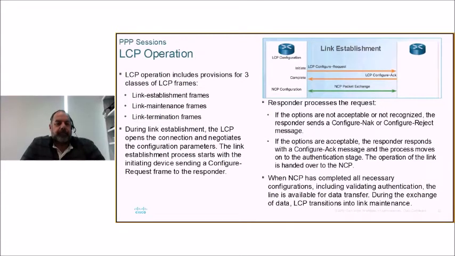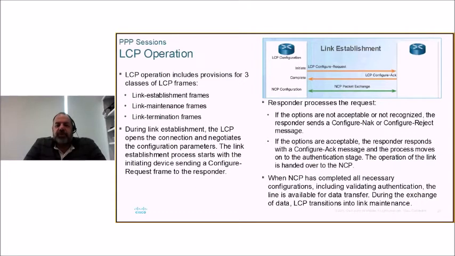Okay, so LCP operation includes provisions for 3 classes of LCP frames: link establishment, link maintenance, and link termination. Basically, during link establishment, the LCP opens the connection and negotiates the configuration parameters. The link establishment process starts with the initiating device sending a configure request frame to the responder.